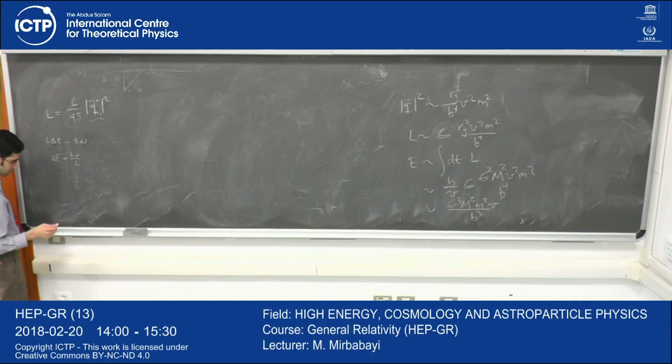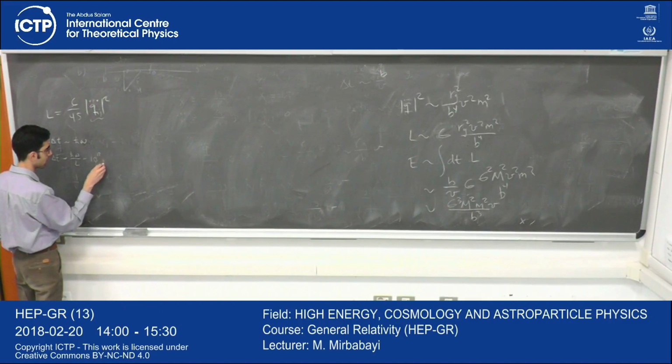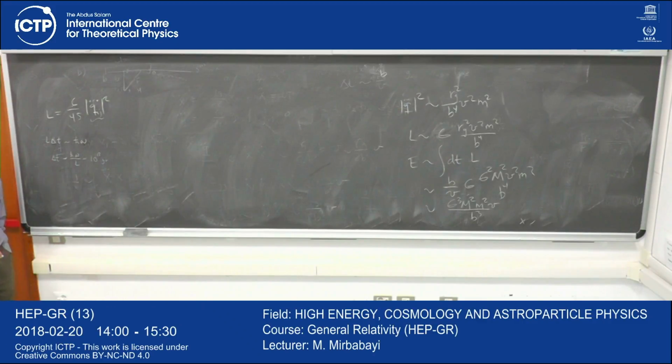If it is longer than something, then most likely you do not emit gravitationally. This time happens to be of the order of the age of the universe, 10 to the 13 years, with the frequency characteristic of the cosmology. Say 1 second, 1 hertz.